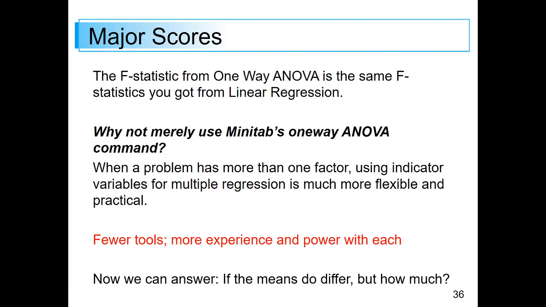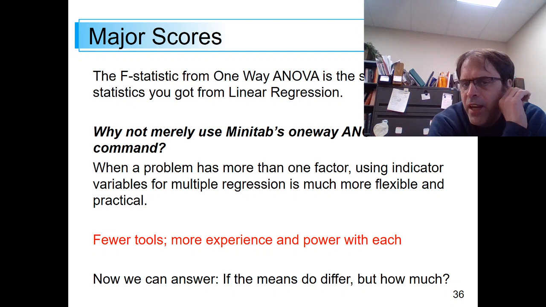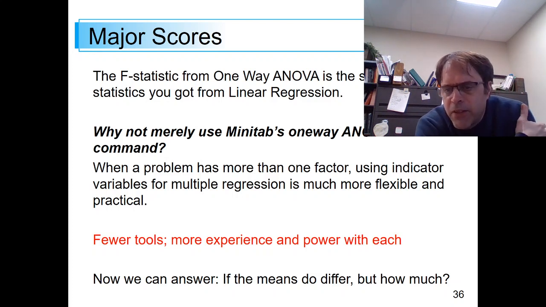And we can use some other things like the partial F test and whatever. So I hope you get a glimpse here of using the indicator variables and using linear regression to help us decide and answer some questions on whether or not the means are equal across several categories.